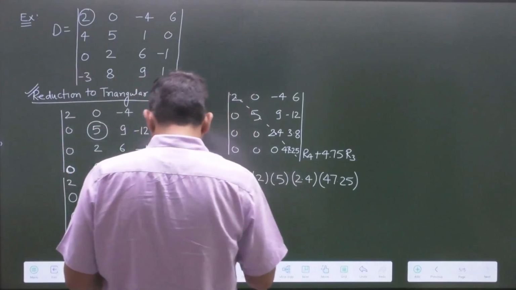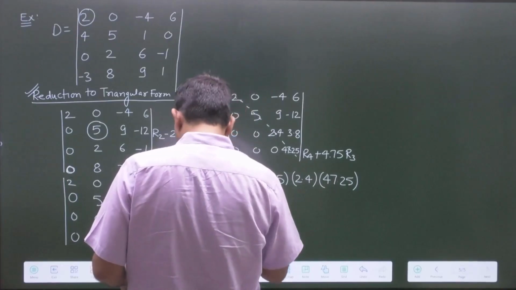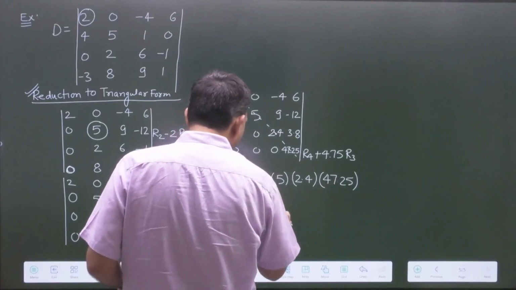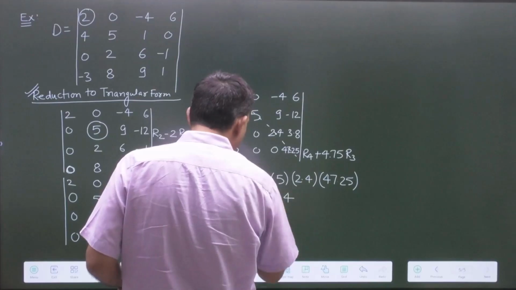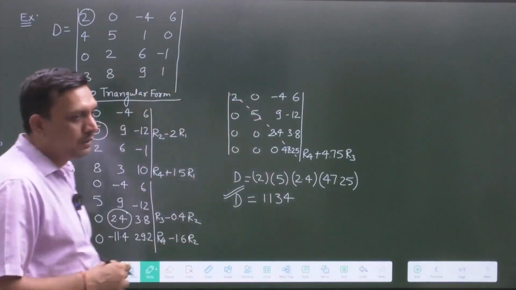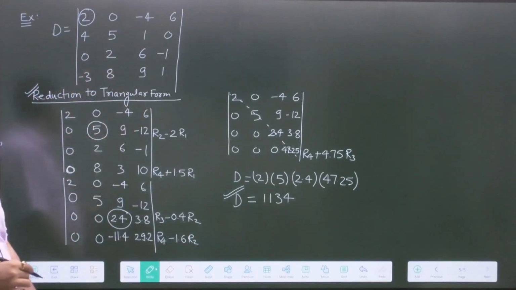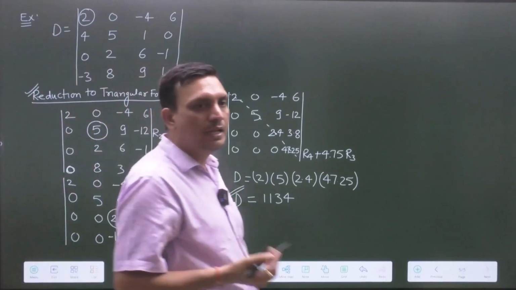Use a calculator. I am writing the final value. The final value is 1134. Please check this value. So this will be the determinant value. So for a higher order determinant, we can reduce it to triangular form by using elementary row operations.